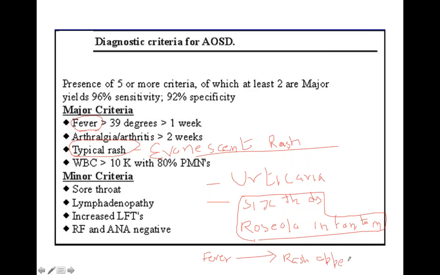In Still's disease, the rash appears and disappears with the fever. That's for Still's disease, adult onset Still's disease, AOSD. Clear? Any questions?